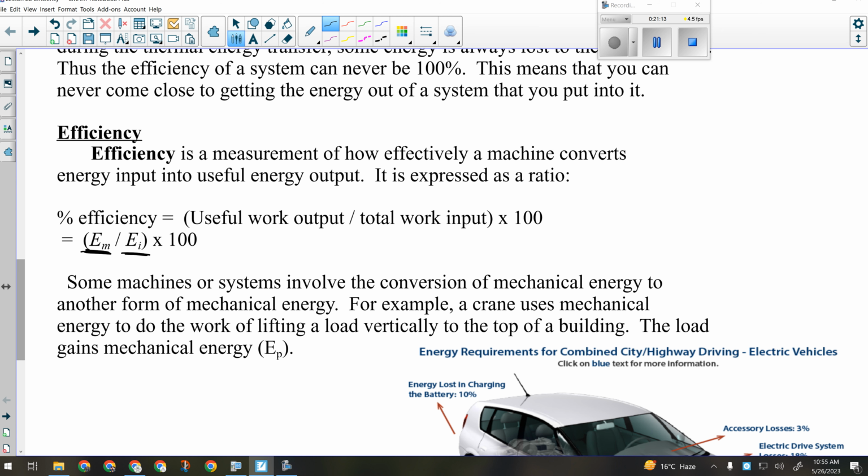So I divide that number by that number and then multiply by 100. You don't even really have to do that because you can do it in your head. When you calculate your percentage on a test, you probably don't multiply by 100. You just go, oh, I got 0.85, I got 85%, and done. Everyone all right with that? So that's all that efficiency is. It's calculated as a percentage.